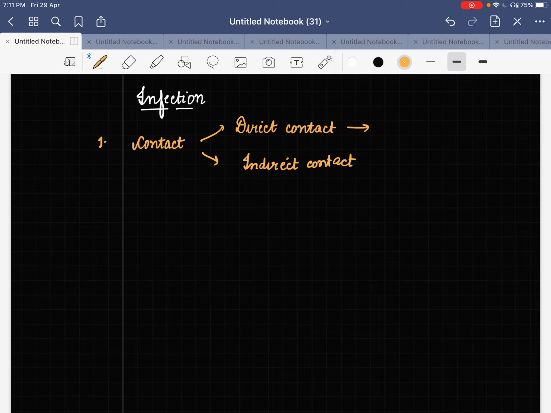Example, like the sexually transmitted diseases like syphilis, gonorrhea. In indirect contact, the mode of transmission of the infection may be some inanimate objects or the fomites like clothing, bedding, or towel.